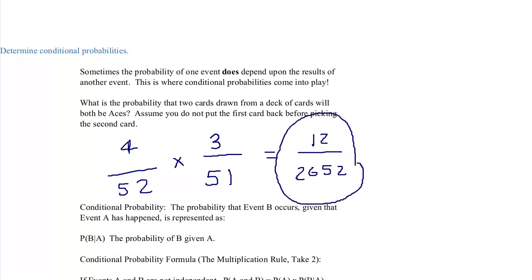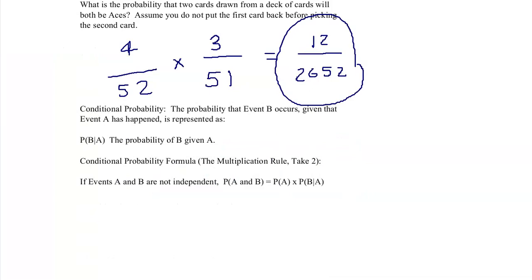This that we just calculated is called the conditional probability. It's the probability of B, and that little line there means given that A occurred.